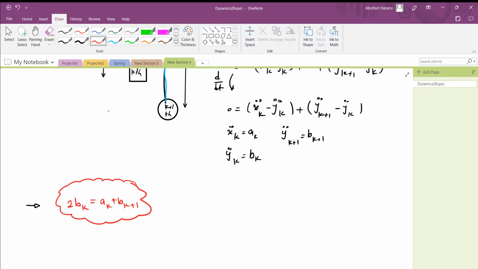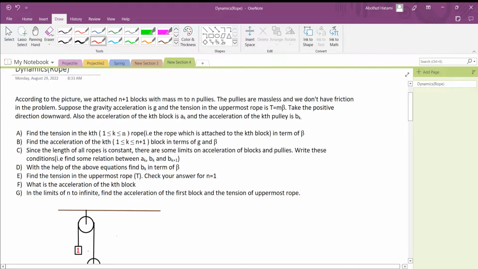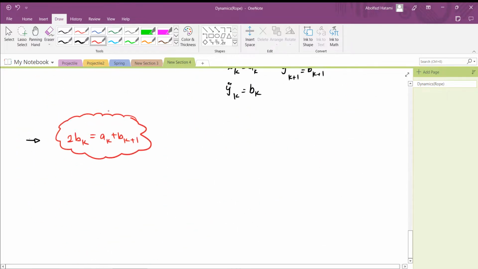Okay, this is part C. I think it was C. Yes, it was part C.